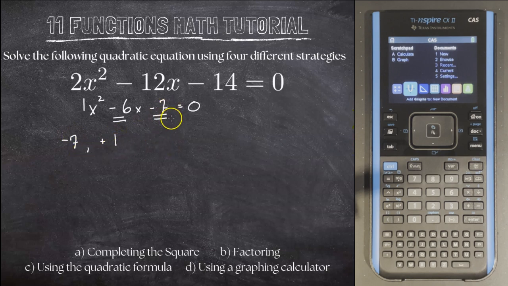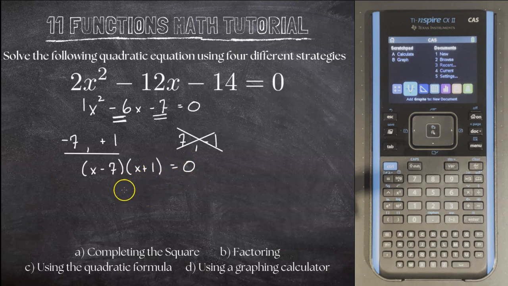Those both multiply to give negative 7. Or you can have positive 7 and negative 1. But which two numbers add to give negative 6? It would be these two, not these two. These add to give positive 6. So we are left with x minus 7 and x plus 1.